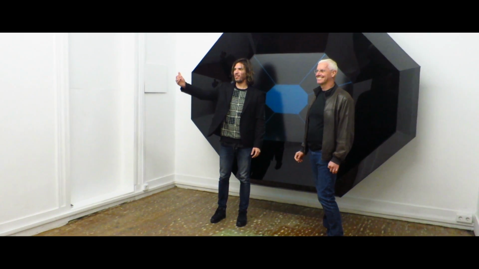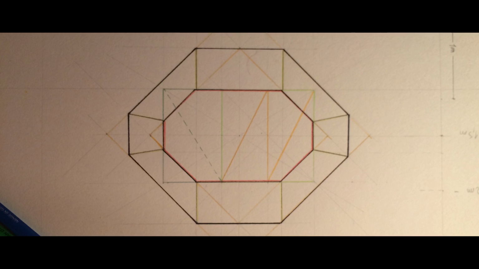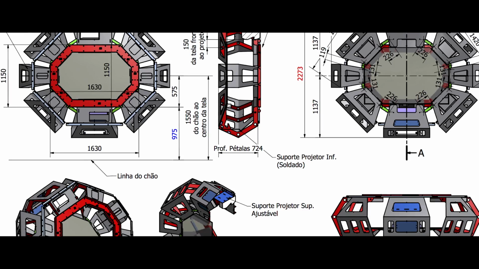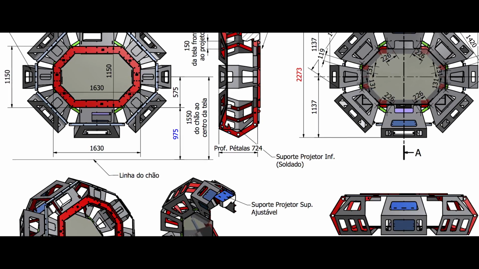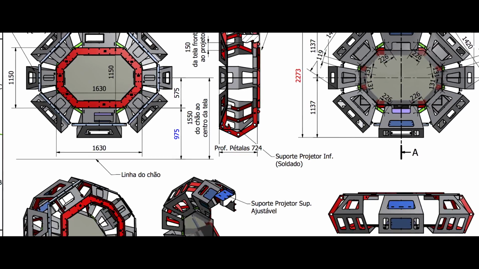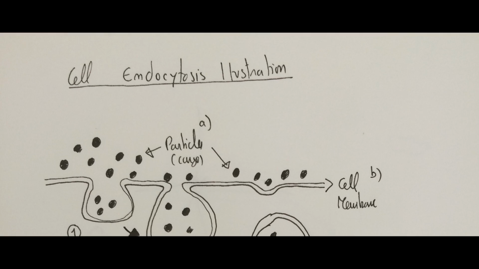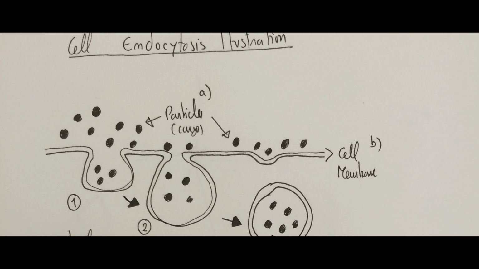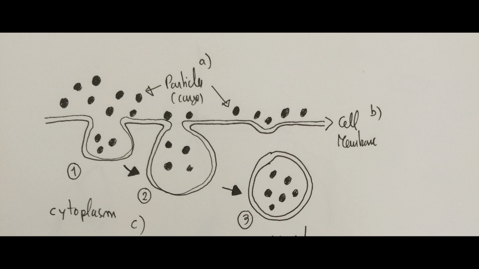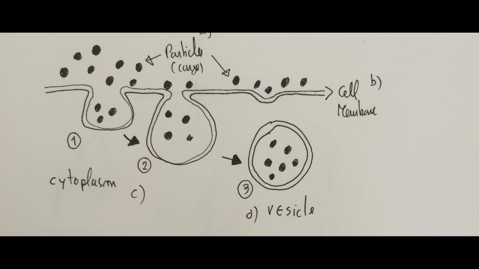The project started with an art and science residence at the Tom Kirchhausen Lab in the Harvard Medical School in Boston. The interaction, design and composition of this sculpture was influenced by the mechanism of how our cells eat and absorb other molecules, what is called endocytosis.